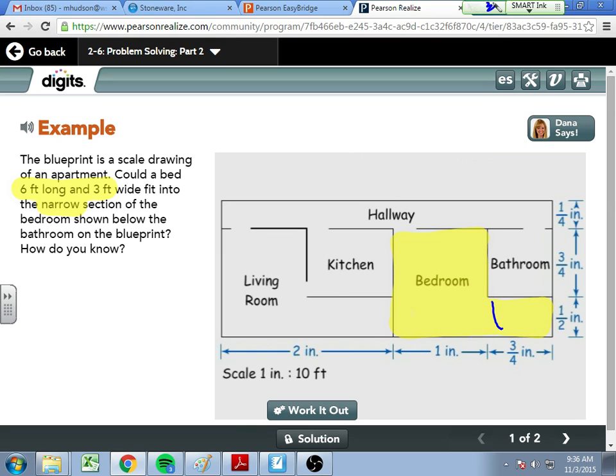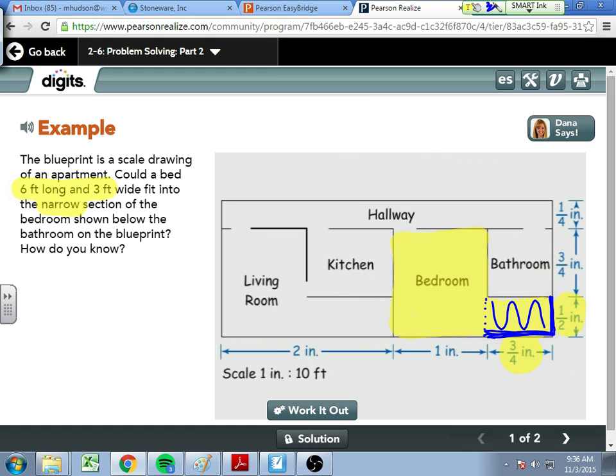So we are looking at this space right here, that narrow section. Sometimes people like to hide their bed back away. So we need to figure out what is the real width here and what is the real length here. Because we're really trying to fit it right there. Have a little nook. So take these values and figure out what are the real dimensions.